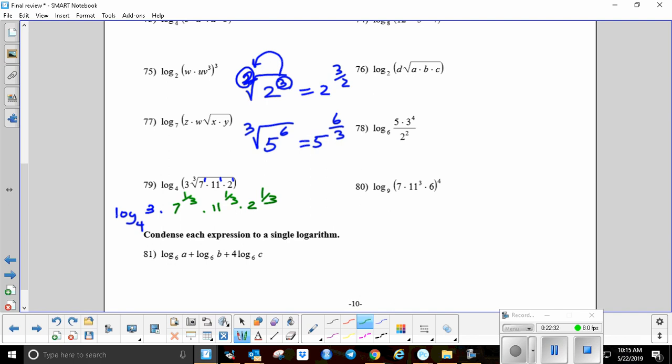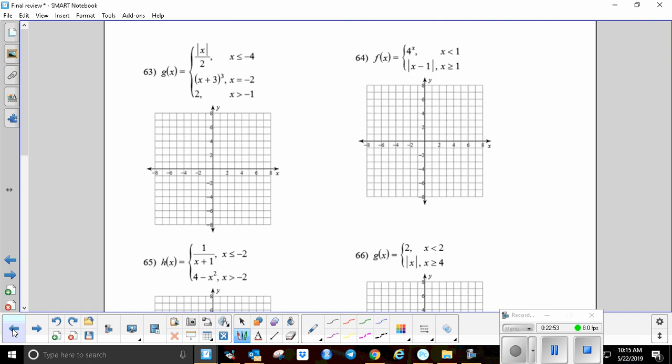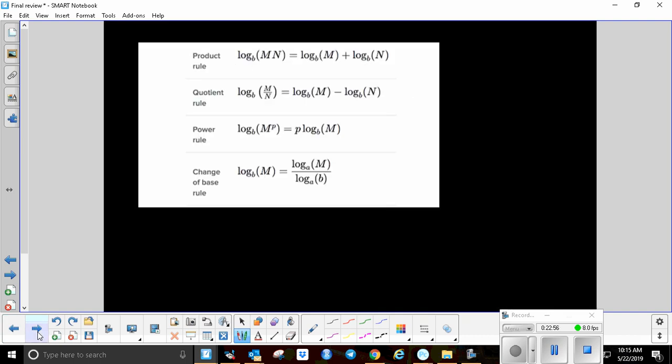I can easily convert this as a whole, being 3 times 7 times 11 times 2, all to the power of 1/3. And now let's go to the properties, what we can do. Right? Being multiplied with the same base log.